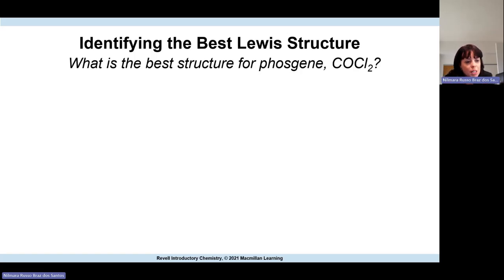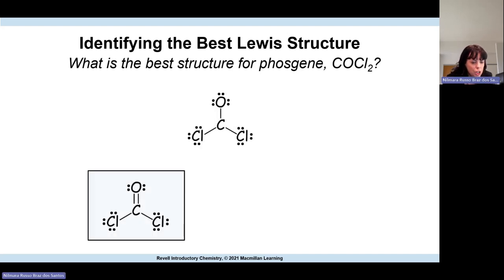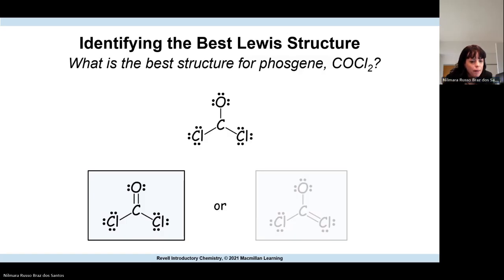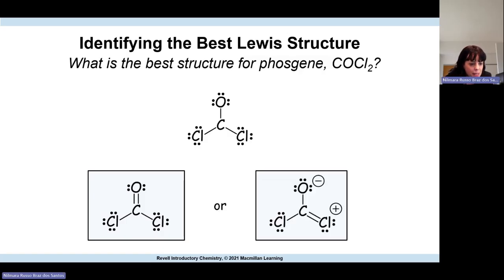Okay, so what is the best structure here? We have this structure or that structure. Which one is the best? Let's calculate the formal charge. I have 6 valence electrons minus 2 bonds minus 4, so 0.